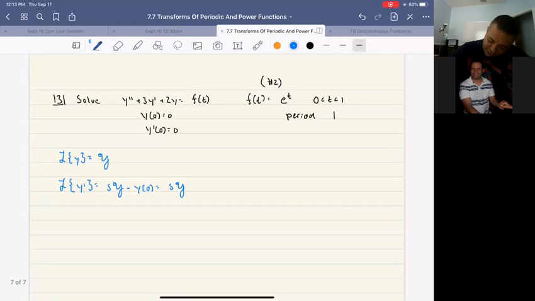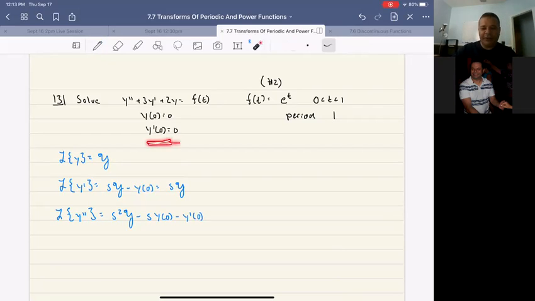Laplace transform of y double prime is s squared y minus s y of 0 minus y prime of 0. Thankfully, both of these are 0, so we're just going to get back s squared y.